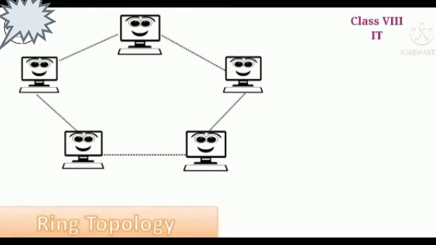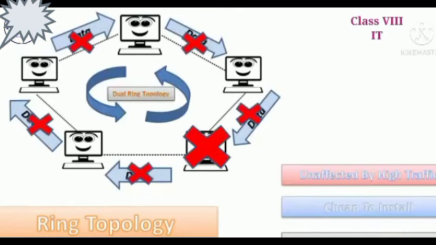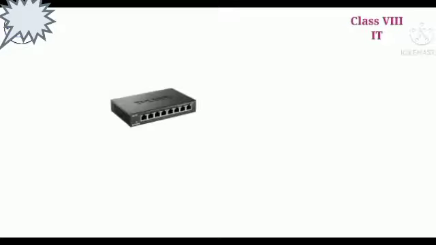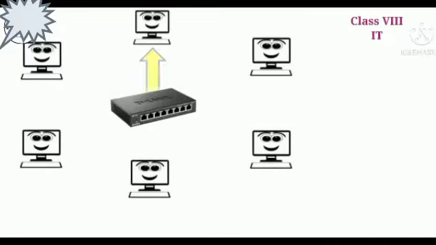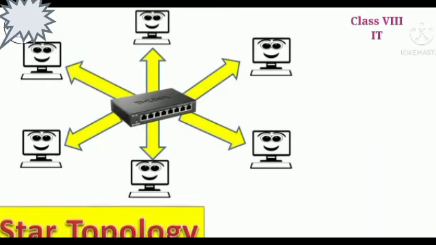Next topology is ring topology. You can see in this picture, it is connected like a ring. Here the message can travel in both clockwise and anti-clockwise direction. Any damage in one node can cause the entire network to fail. Next type of topology is star topology. You can see a hub in the middle and the nodes connected to the hub like a star shape.